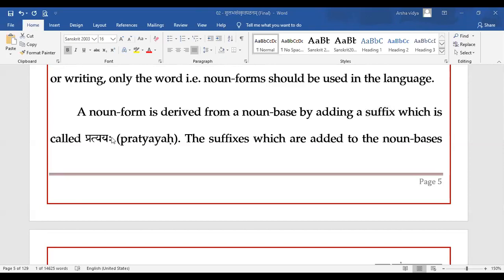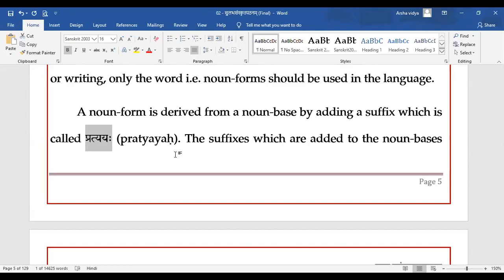And a suffix is called in Saṃskṛtam Pratyayaha. Pratiyate vidiyate iti Pratyayaha, that which is ordained is called Pratyaya. So Pratyaya means suffix. Shabda plus suffix, you get Namapadam.